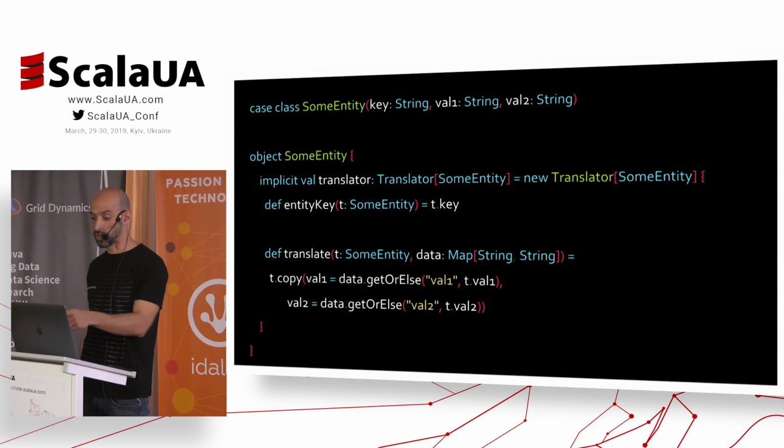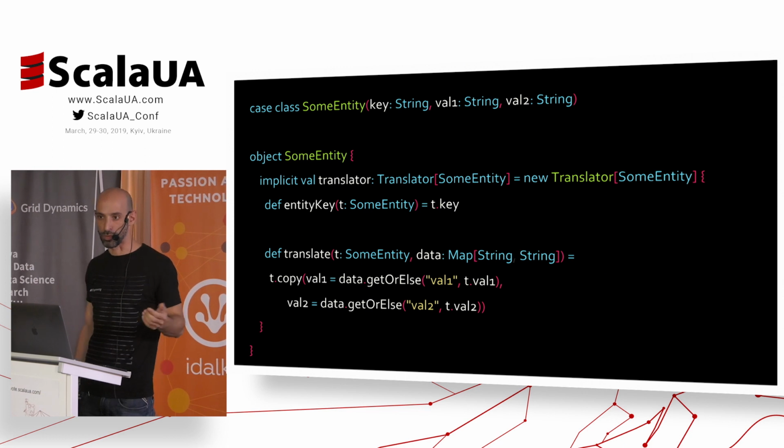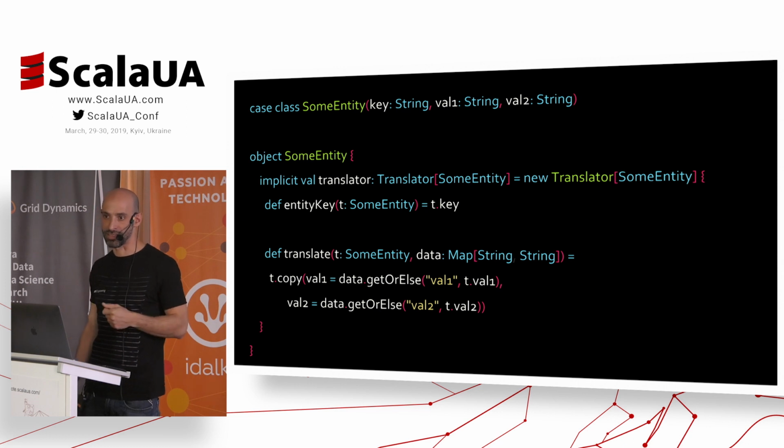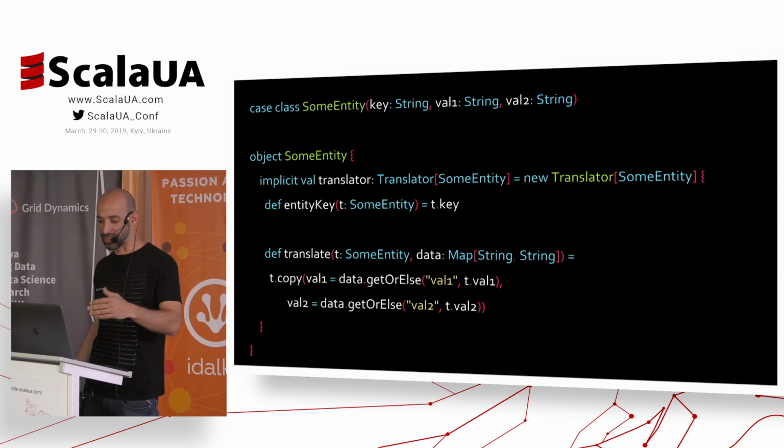So if we wanted to do a new translator, the entity key, which is the primary key, is very simple. We're just taking the member from the case class. But to do the mapping, the actual translation of a case class, it's really very lengthy if you use that. It has a lot of code.